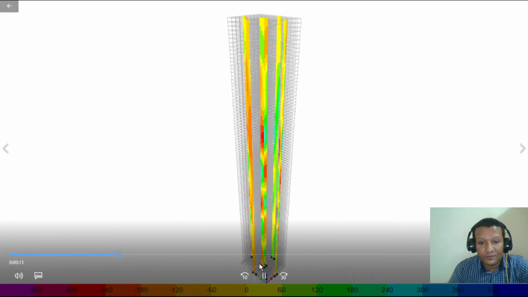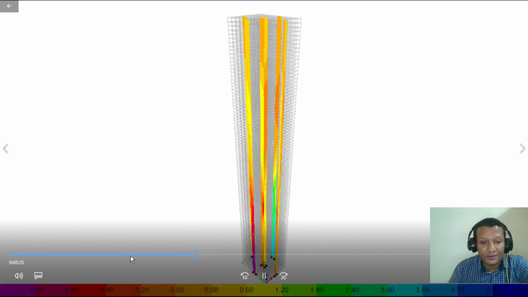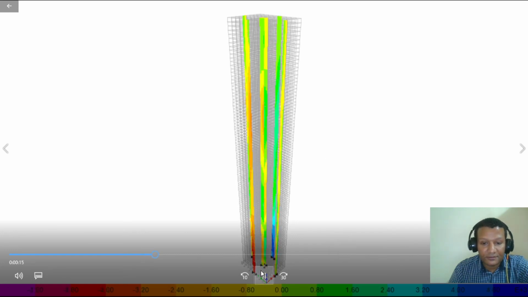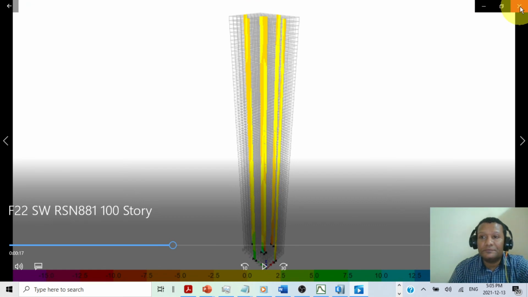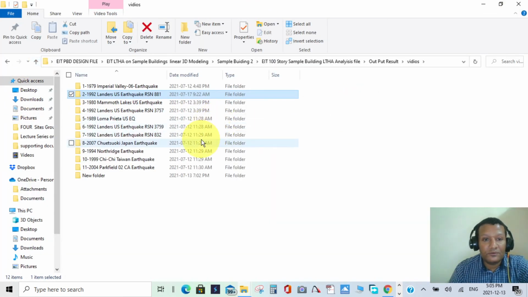This is how it's varying. I made the video until here. Yeah, this one, when I zoom it. Okay, so this is how it is for all the earthquakes.